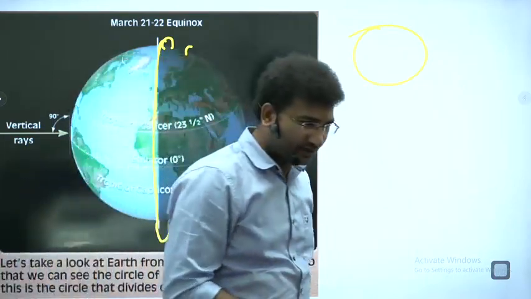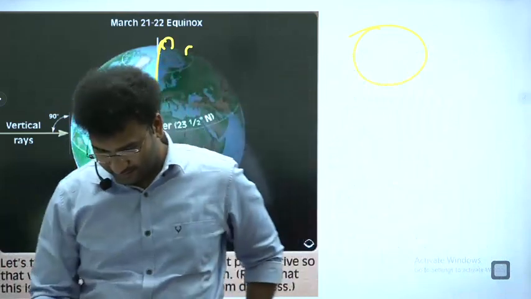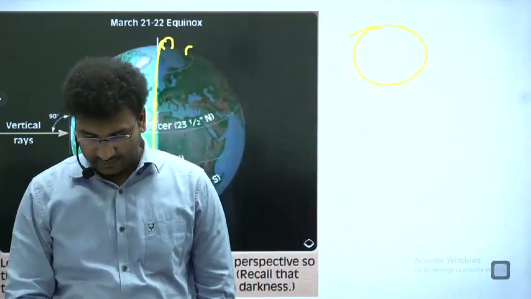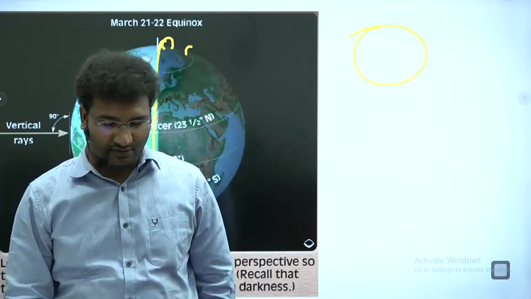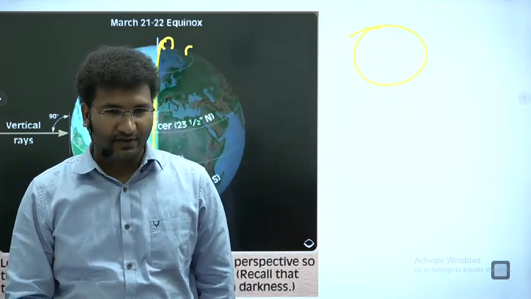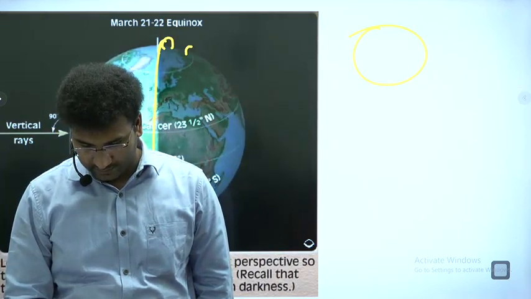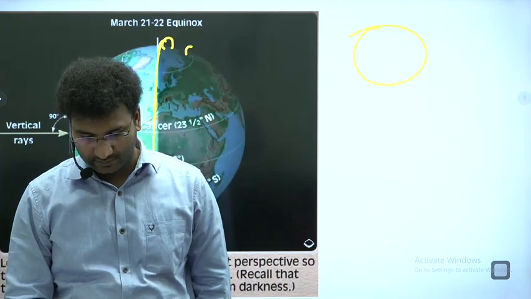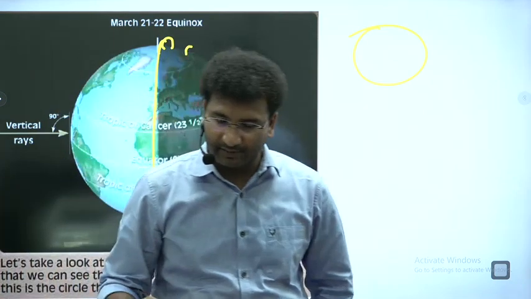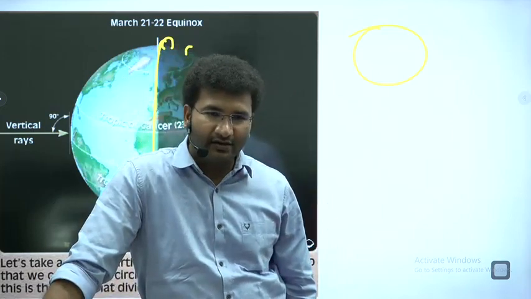Next point, the earth rotates on a tilted axis of 23.5 degrees. Write in brackets: the earth's axis makes 23.5 degrees.